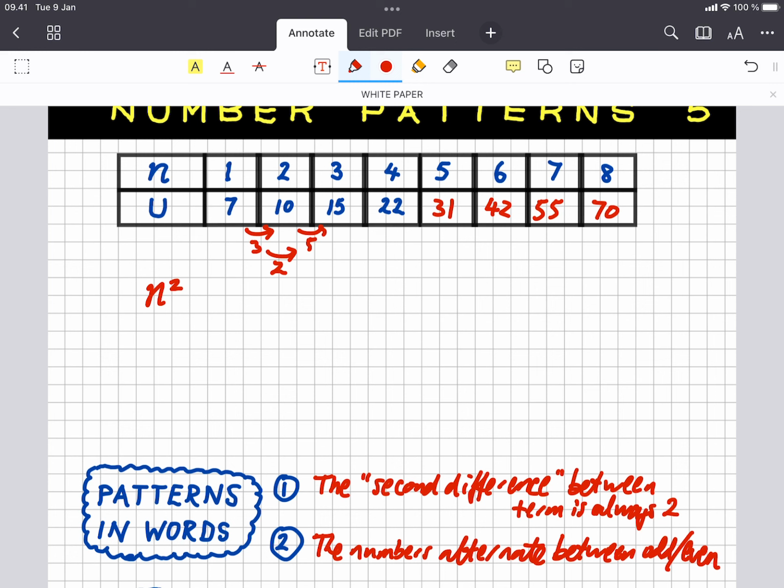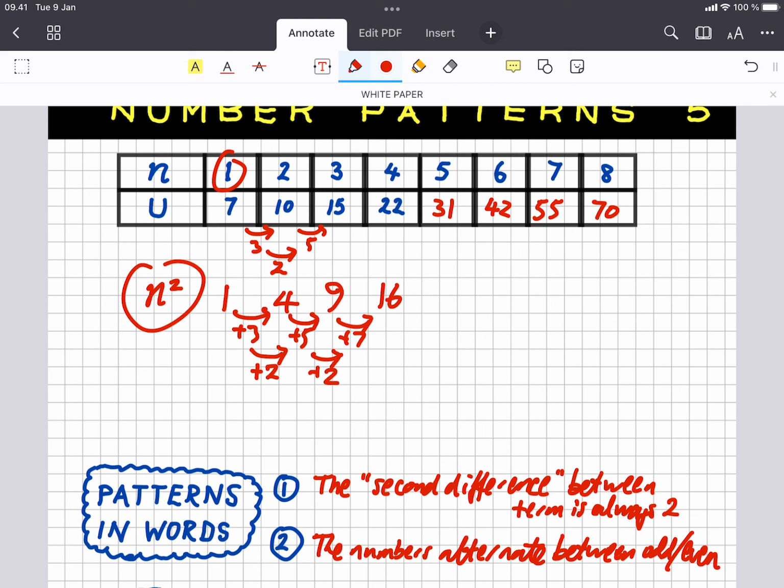If n squared were the rule, then you'd get 1 squared, which is 1, 2 squared is 4, 3 squared is 9, 4 squared is 16. So the differences would go +3, +5, and the second differences would indeed be 2 every time. So it's going +7, second difference +2. So it looks like we're good with the n squared.